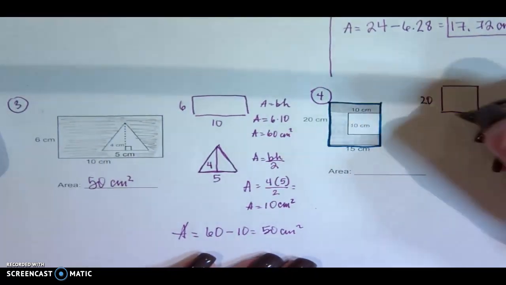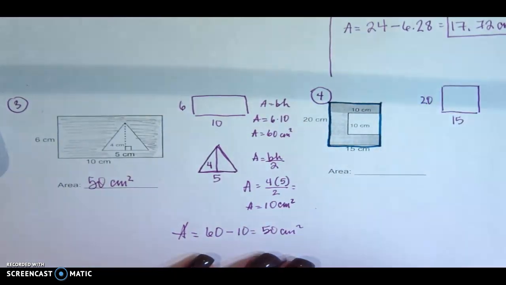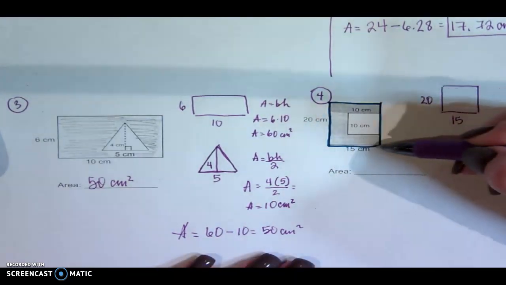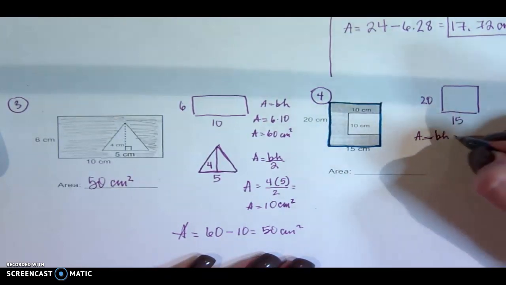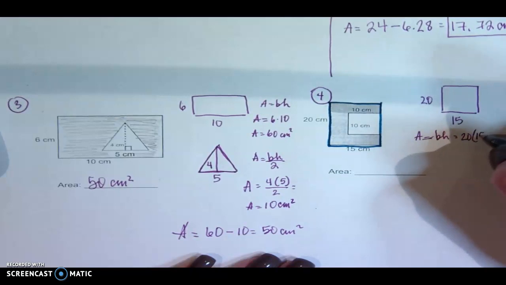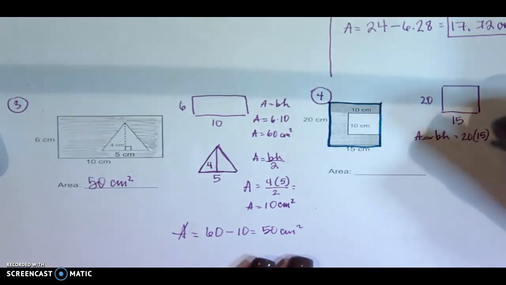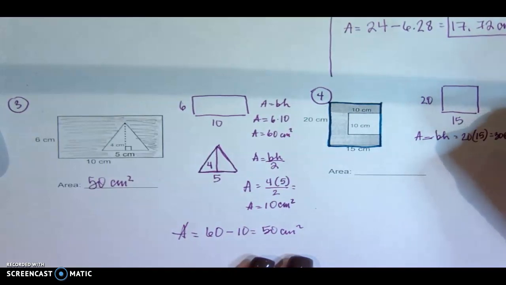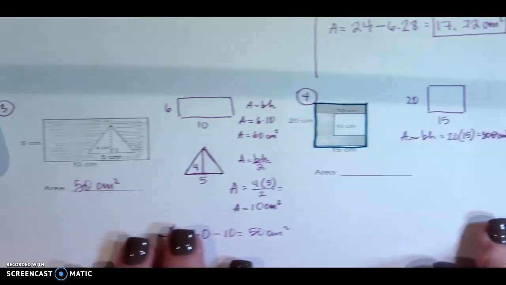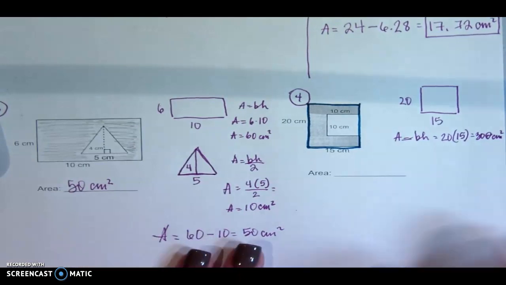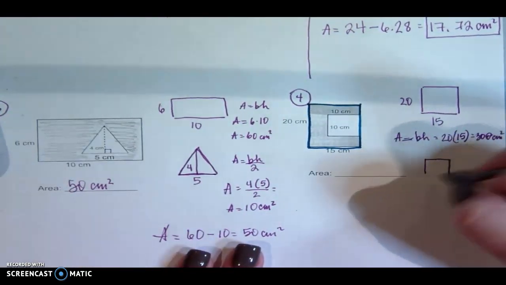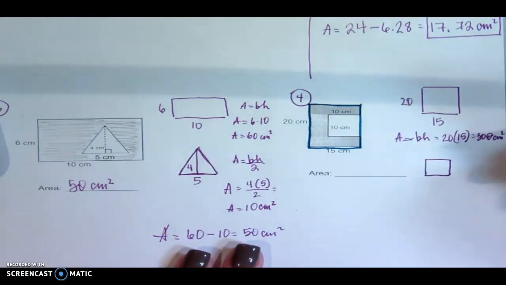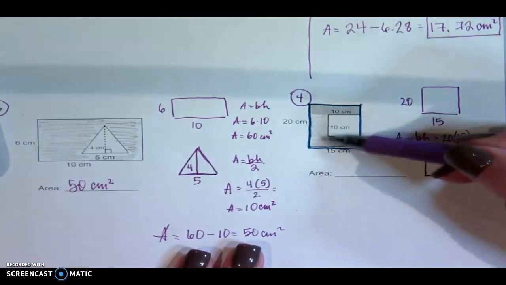So 20 by 15 was the original shape. So area would be base times height, 20 times 15. That will give us 300 square centimeters. Then another rectangular shape was taken out of the original. And this is where the 10 by 10 comes from.